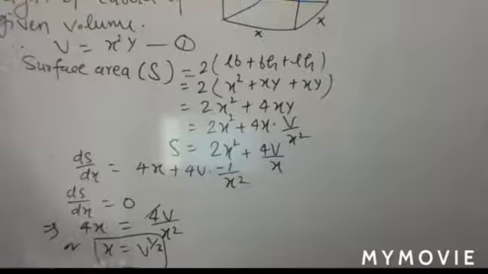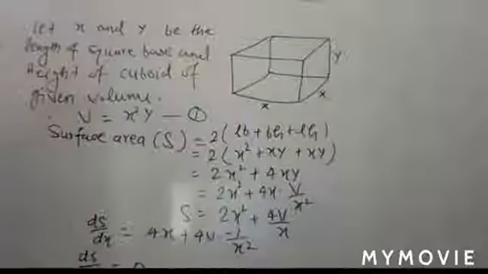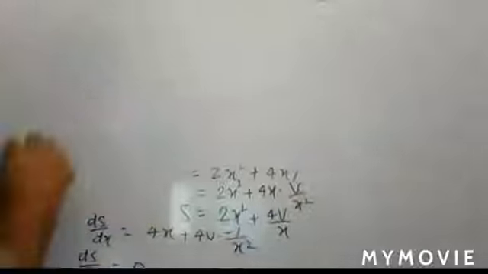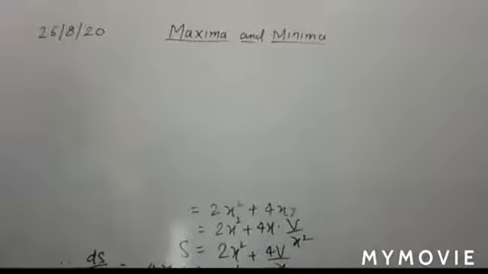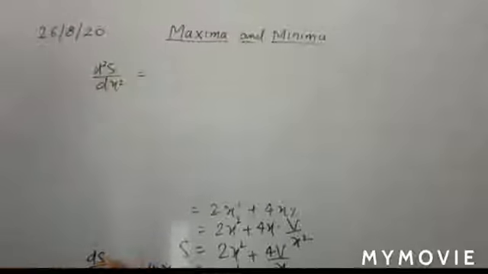Now taking its second derivative and proceed. So all you have noted up to this step: x is equal to v to the power 1 upon 3. Taking the second derivative, d2s by dx2 is equal to 4 plus 8v by x cube.